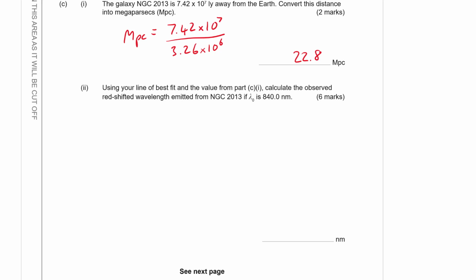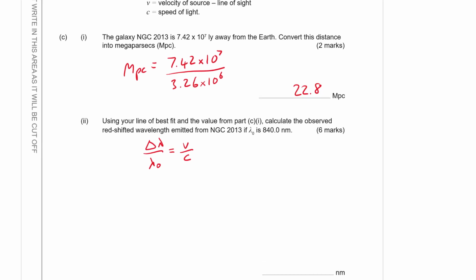So we start with the equation that they've given you at the top. It's this: the change in wavelength over the wavelength at rest is v on c. Now, the graph tells us that for NGC 2013, it is at 22.8 megaparsecs.